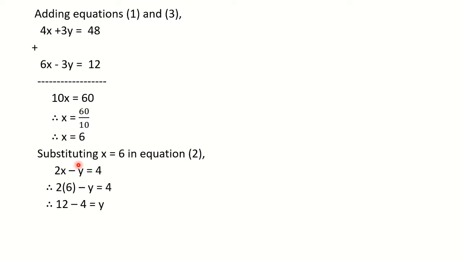This 4 is shifted to the LHS, so it became minus. And this minus y is shifted to the RHS, so it became plus y. So what we got? 12 minus 4 is equal to y. And from that, the value of y we got as 8. y is equal to 8. 12 minus 4, 8. So we got both the values as 6 and 8. x is equal to 6 and y is equal to 8.